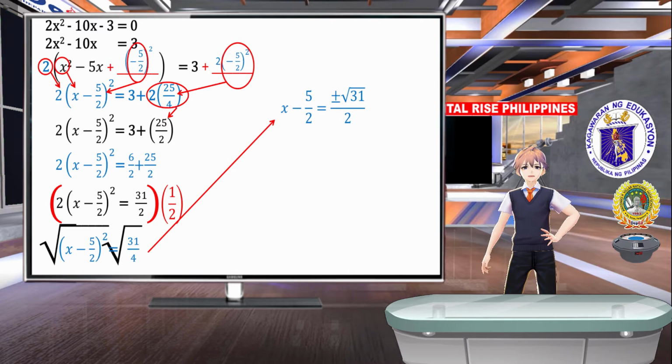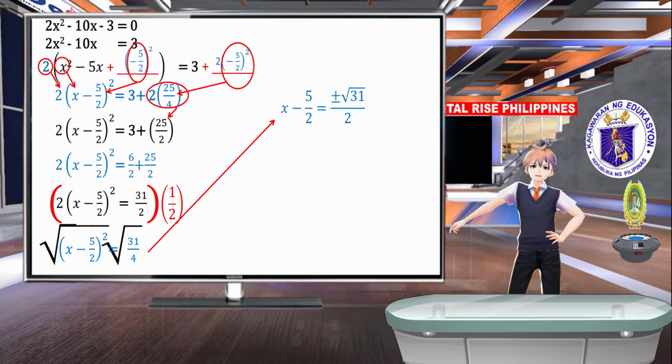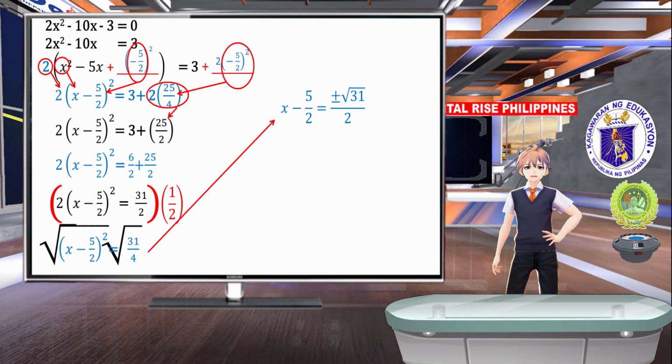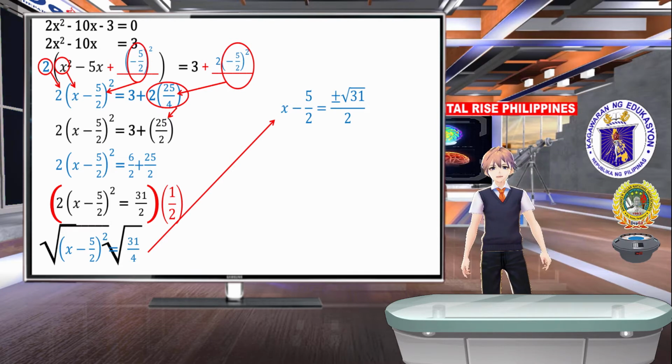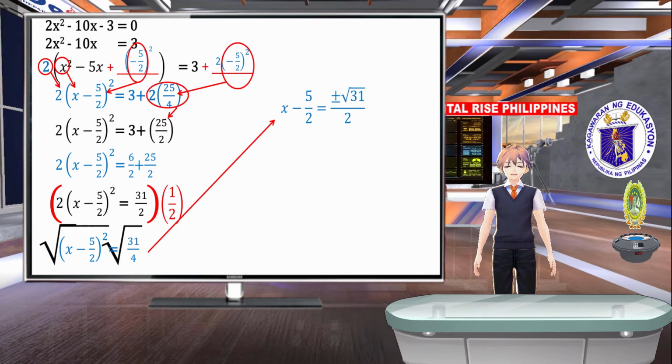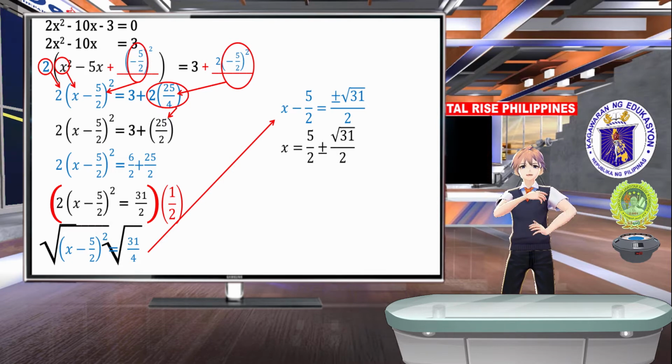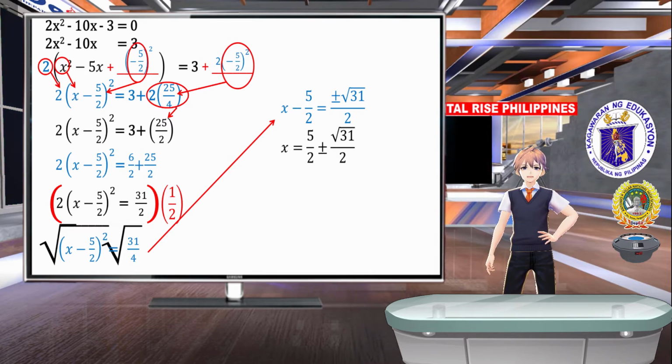These will result to x minus 5 over 2 equals positive and negative square root of 31 over 2. The next step that we should do is to add positive 5 over 2 to both sides of the equation. This will result to x equals 5 over 2 plus and minus square root of 31 over 2.